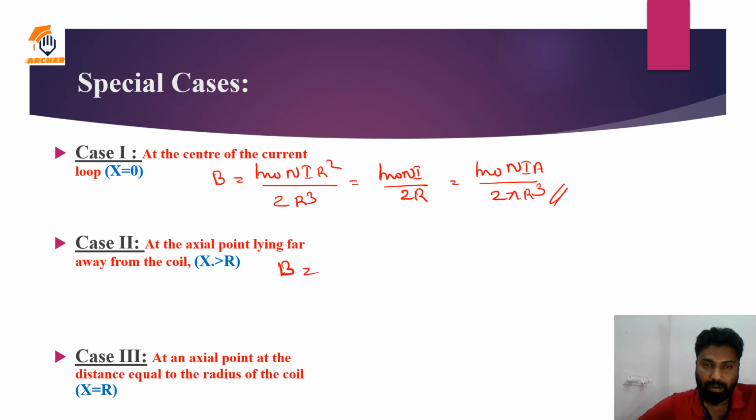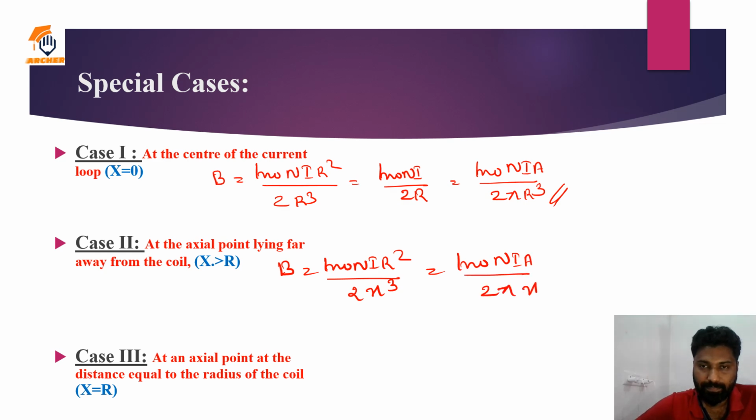B will be equal to mu 0 n I R square divided by 2 into R square plus x square. So x is greater, so this will become 2 x cube, or which can be written as mu 0 n I A divided by 2 pi x cube.